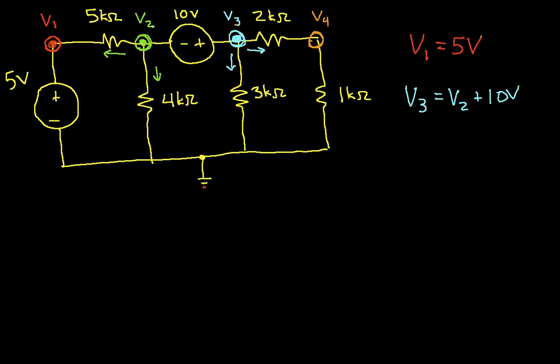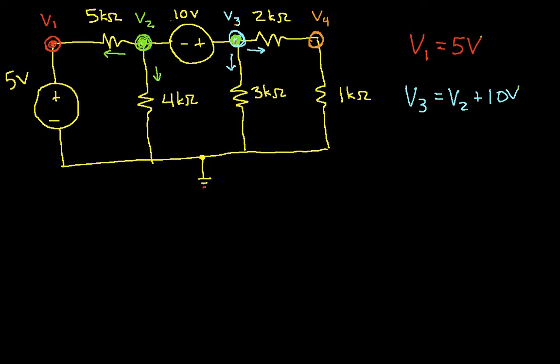That wasn't so difficult. But to get the second equation, what we will need to do is apply Kirchhoff's current law, but rather than apply it to either node 2 or node 3, we will define what we call a supernode. And a supernode deserves to be in hot pink.